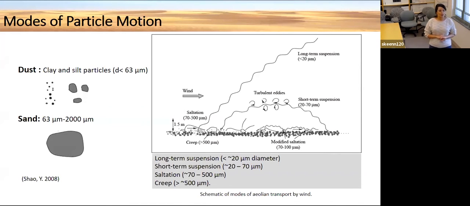Larger particles have saltation, but really large particles with diameter larger than 500 micrometers are too heavy to be lifted by the wind, so they creep along the surface, pushed by saltating particles or wind.